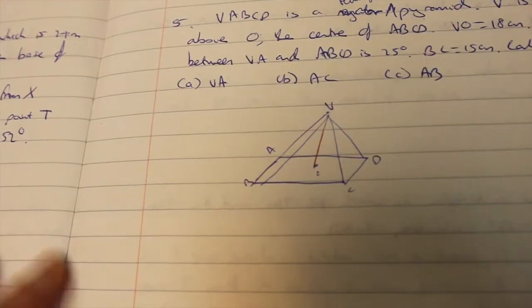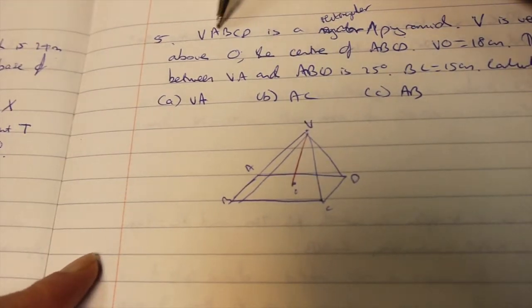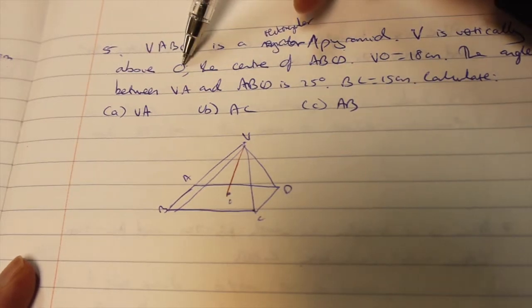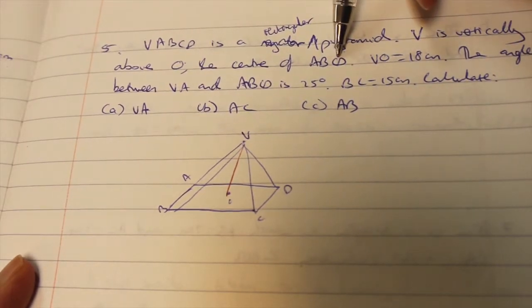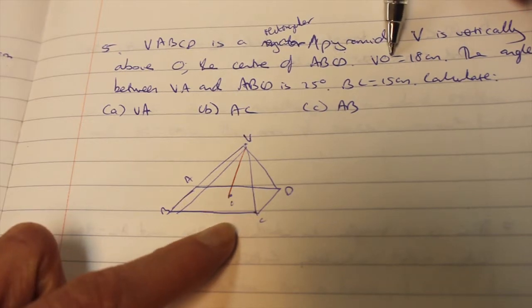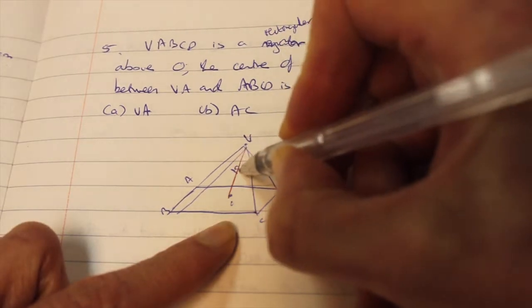Okay, the next example I have here is a 3D example. VABCD is a rectangular pyramid. V is vertically above O, which is the centre of the rectangle, like that there. VO, so the perpendicular red line there, is 18 centimetres.